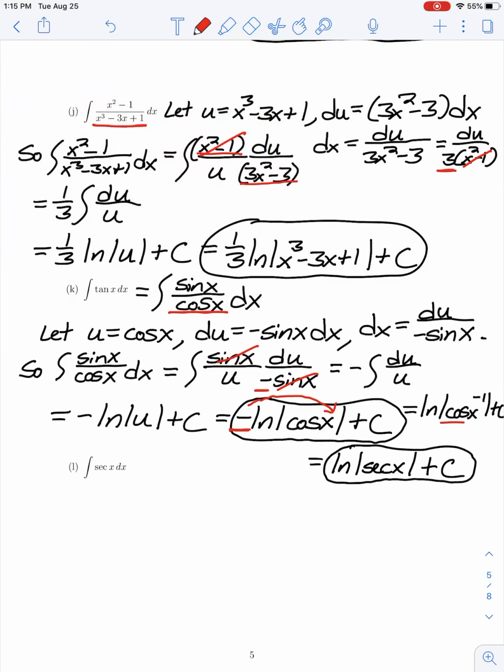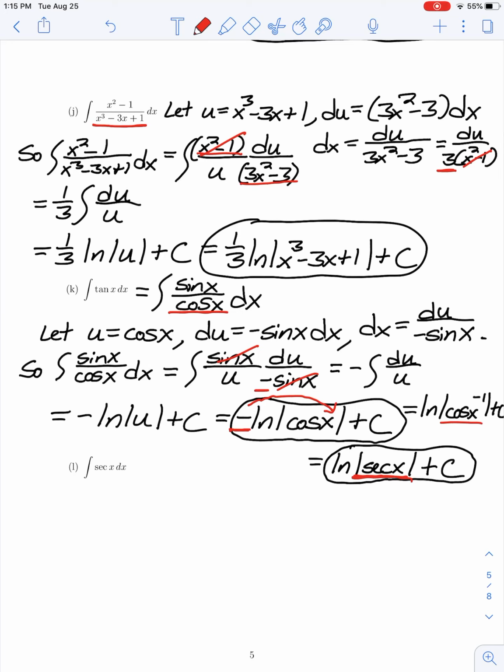So this cosine of x to the negative first is the same as 1 over cosine of x, and 1 over cosine of x is exactly secant x. Okay. So a little justification, you can use either of those formulas because they are indeed the same function.